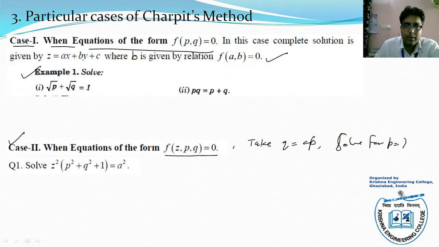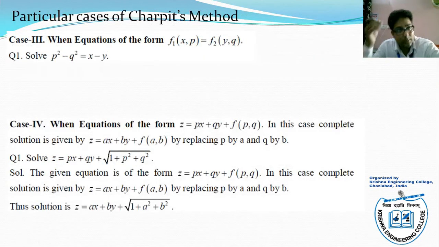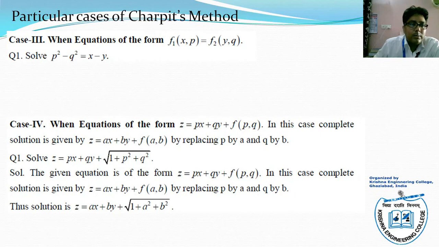We get the value of p, and from the relation dz is equal to p dx plus q dy, find the solution easily. Clear? This is case third. The equation contains four terms x, y, p, q, but xp and yq are separable. We have already discussed this example in the previous lecture.